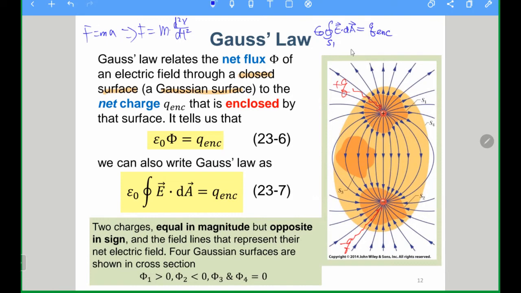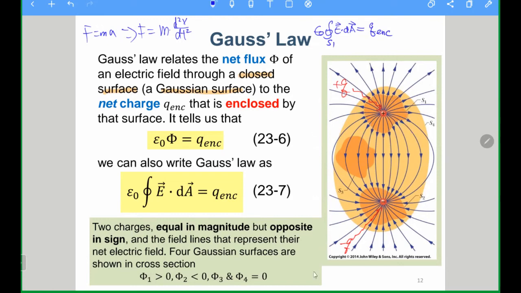We can quickly determine the sign of this surface integral without any calculation, because we know the Q enclosed of this Gaussian surface. Q enclosed means the charge enclosed by this Gaussian surface.